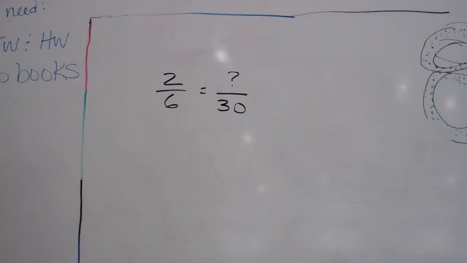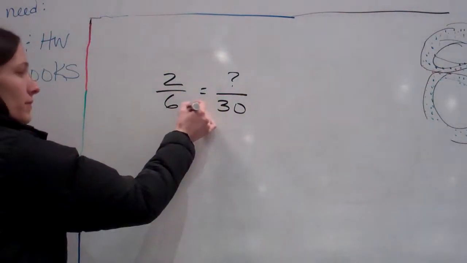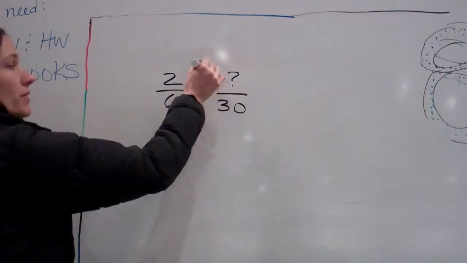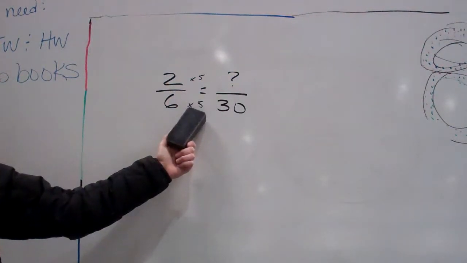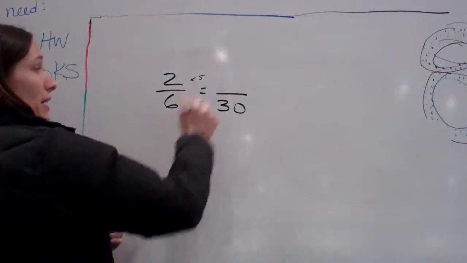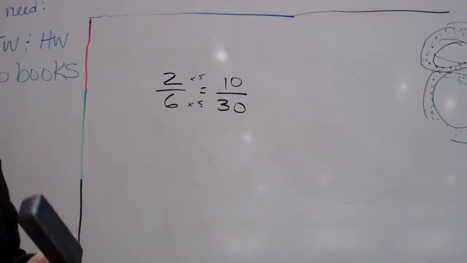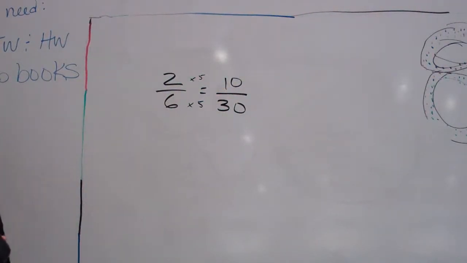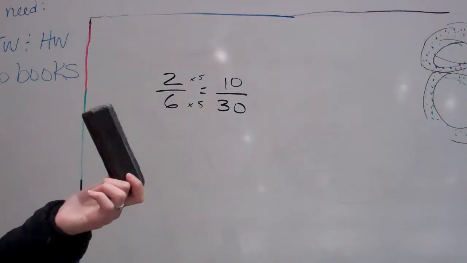Nicholas, what am I going to do? 6 times 5 would be 30, so you do 2 times 5. Very good. Because we wanted 6 to eventually get to 30, and to do that you'd multiply by 5, we're going to do the same thing up here. So the answer would be 10. 2 times 5. Does everybody see how to do that?